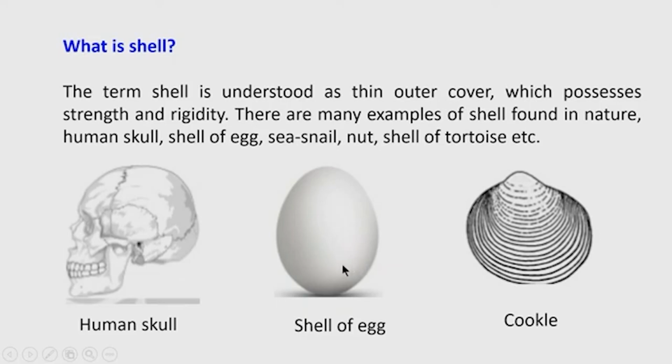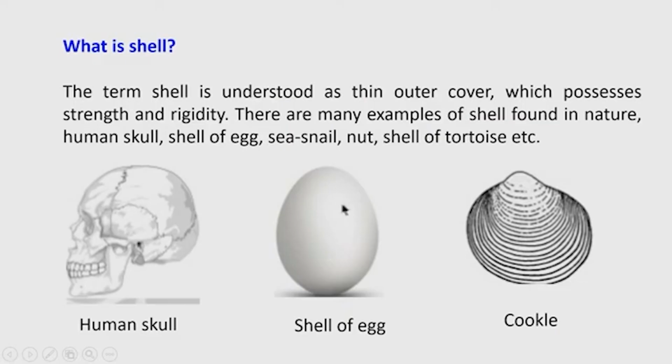Now, you can see the term shell is generally related to a very hard, thin cover, which possesses strength and rigidity. Okay. So, in nature there are so many examples of shell. For example, our human skull is also a shell. Then the shell of an egg is a hard cover and very thin, and it protects the inner material.